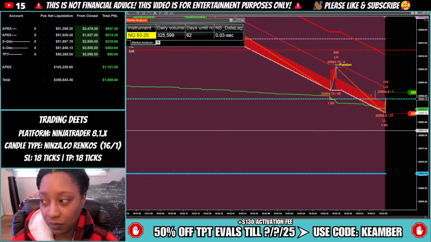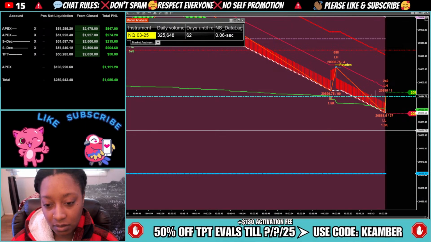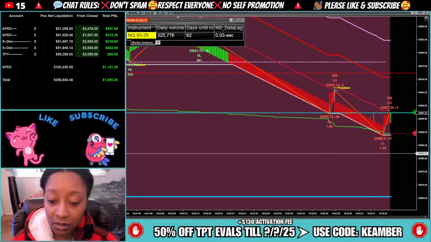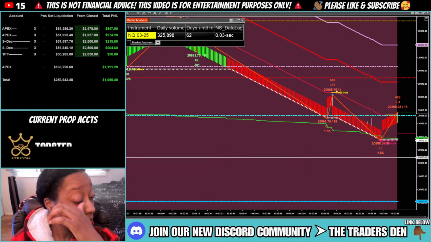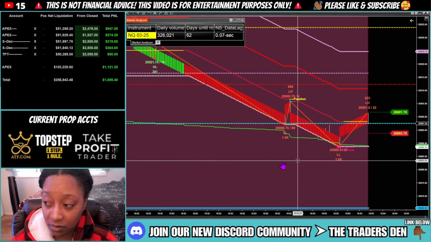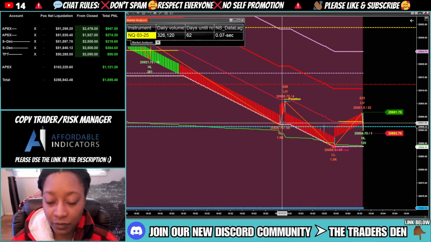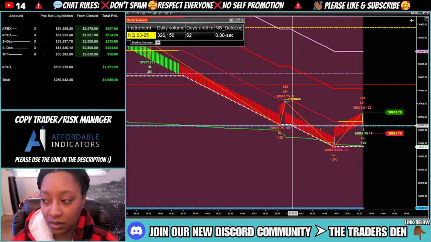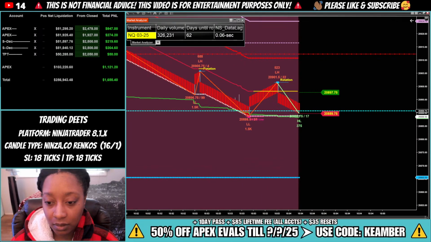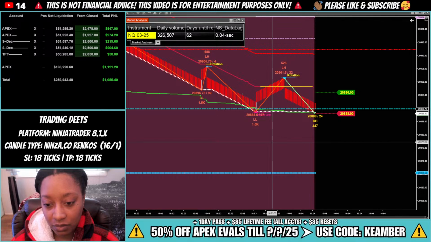Don't like equal volume in swings, which this one is, so I can't take the pullback. And the reason why is because if this swing is less than this one, it's a way different order flow pattern that I'm looking for than if this one is more than this swing. So when it's equal, I just can't take the trade basically.